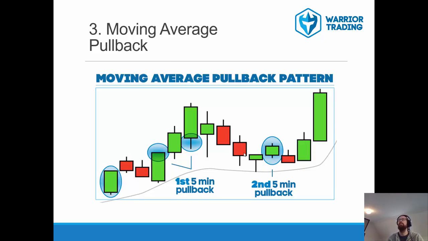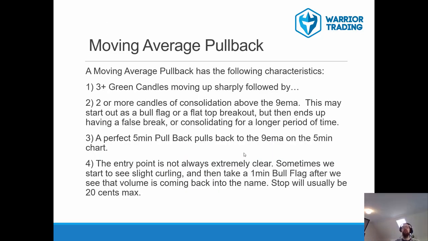A bull flag is usually more well defined as being 3 or maybe 4 candles of pullback. And when you start to exceed that many candles, that's when it starts to look like just a regular moving average pullback that no longer looks like a clean bull flag. So a moving average pullback has the following characteristics.